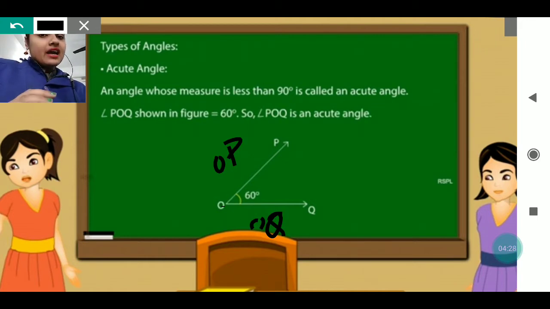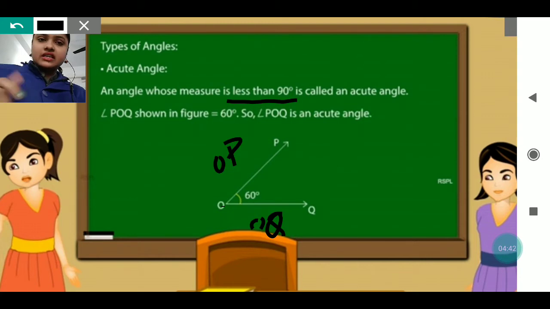So when you measure that angle and the measurement is less than 90, it can be 80, it can be 60, it can be 40, it can be 30, it can be even 20. Those angles are considered acute angles.